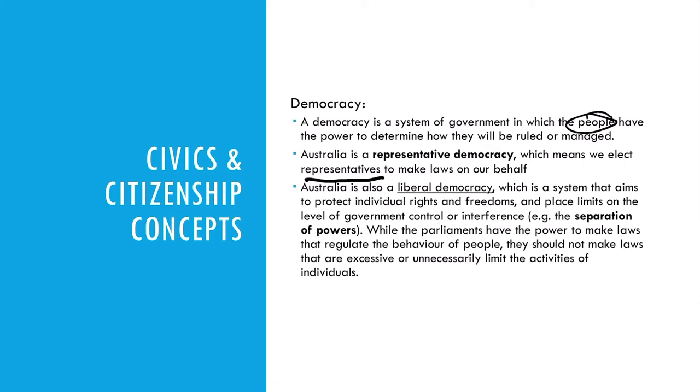A liberal democracy also places limits on the level of government control or interference. So protecting rights and limiting government is the main part of liberal democracy.